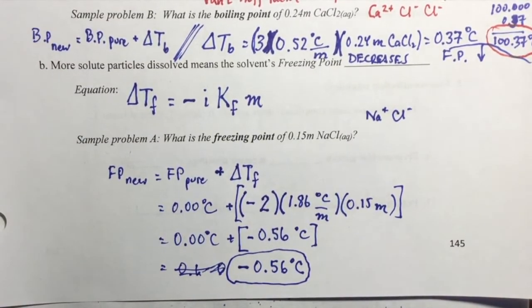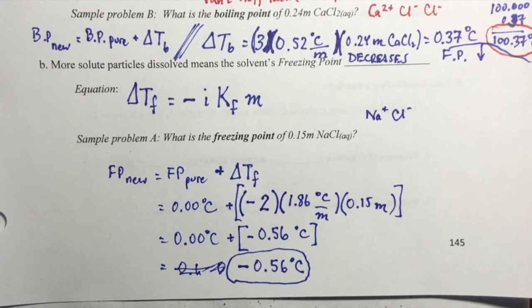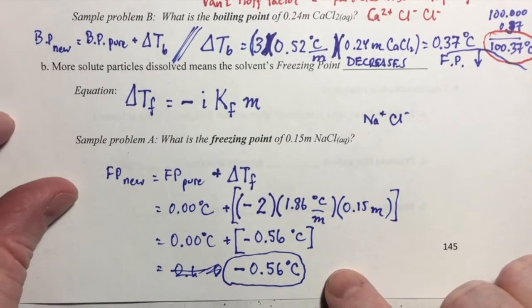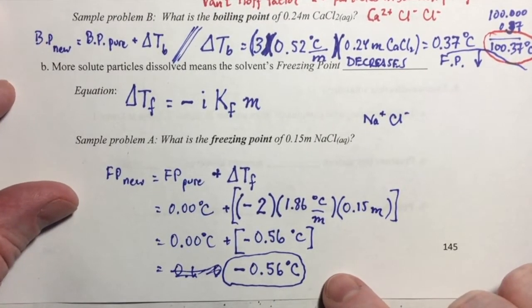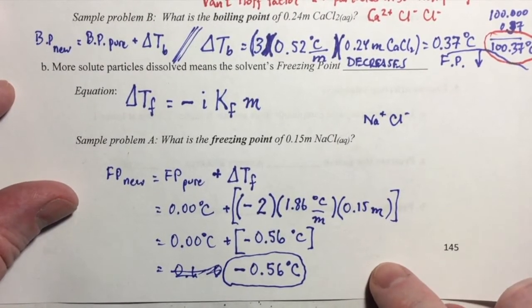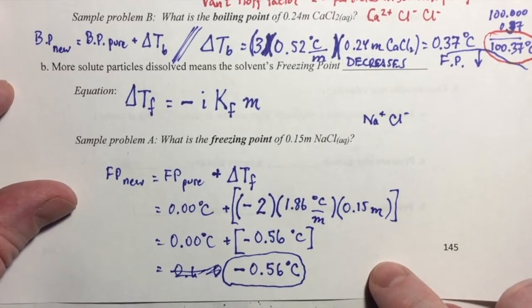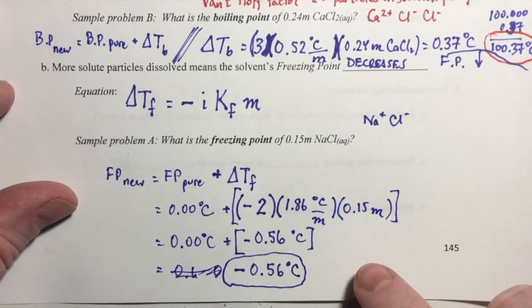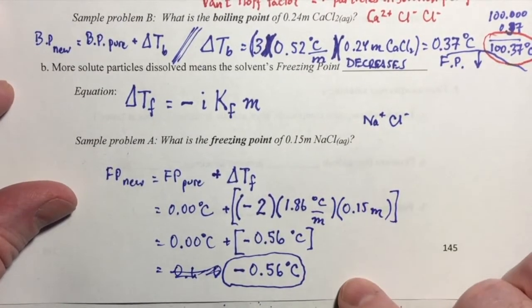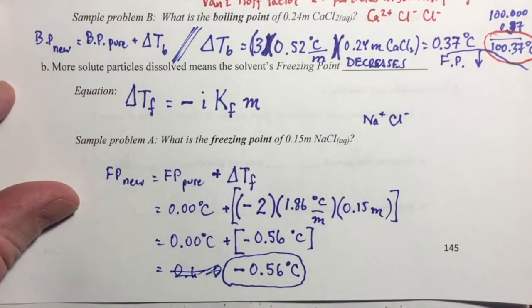So let's take a moment and reflect about how we can see this happen in our everyday lives. You may have heard or you may have experienced when municipalities like cities put salt on roads in the winter to keep the roads from icing over. So let's think about how that takes advantage of the freezing point depression as a colligative property of water.